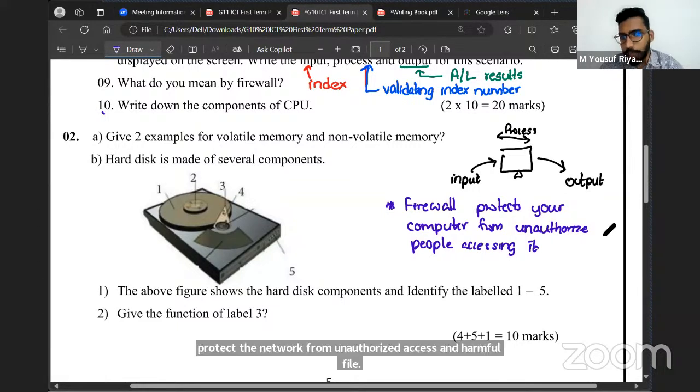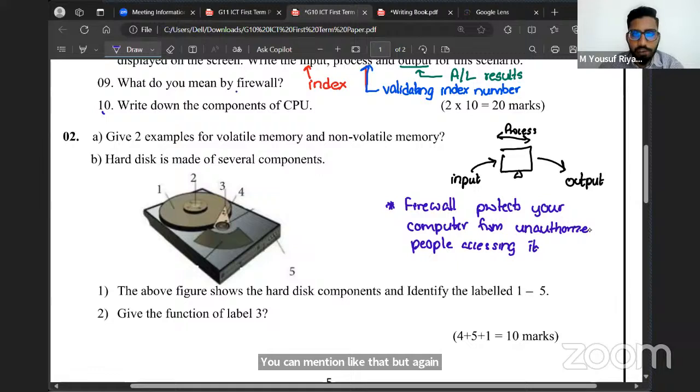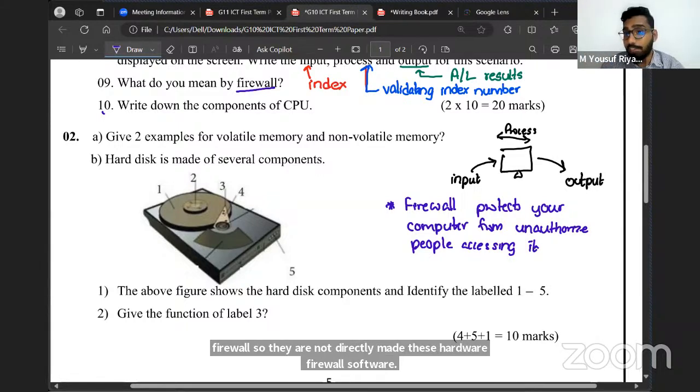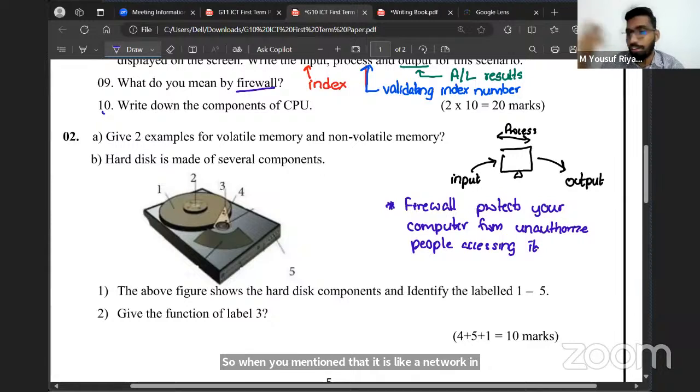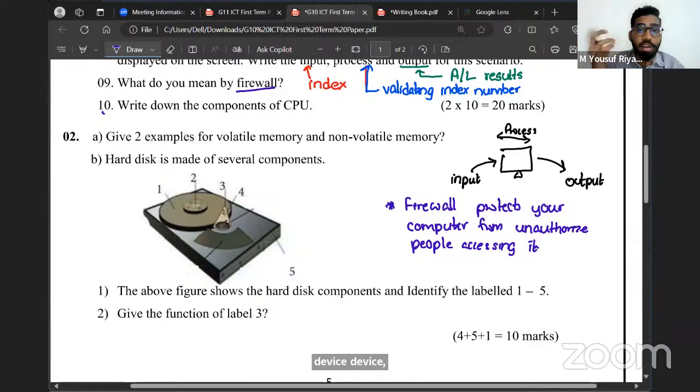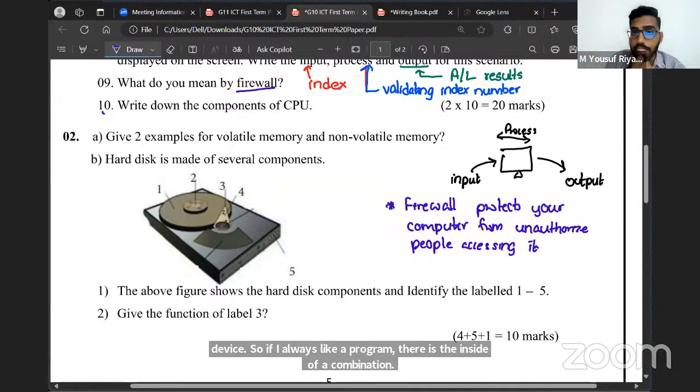You can mention like that, but again, because they have just mentioned the word firewall, there are two types of firewall. They are not directly mentioned, is it hardware firewall or software firewall? When you use the word networking device, you're talking about hardware firewall, right? Software firewall is not a networking device. Software firewall is like a program that is there inside your computer itself. Have you noticed, when you're trying to install applications, it gives you a warning message.